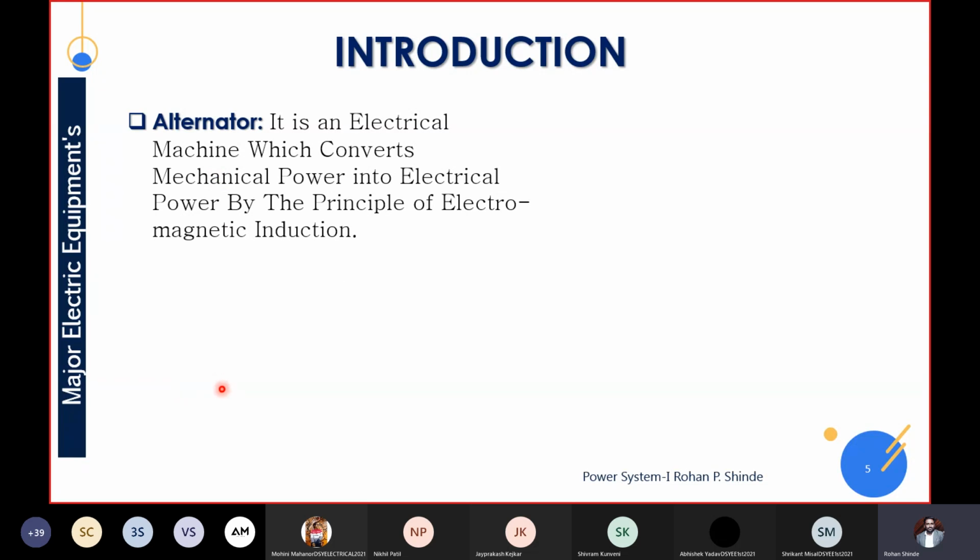DC electrical power will get converted into mechanical power, that is called a DC motor. In a similar way, AC machines are classified into two types, that is generator as well as motor. Okay, now AC generator, how many types of AC generators are there? Tell me how many types of AC generators are there?